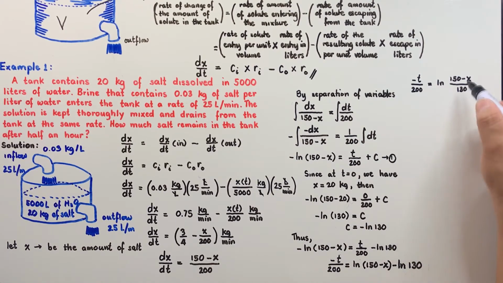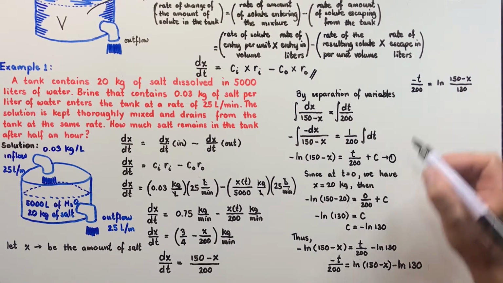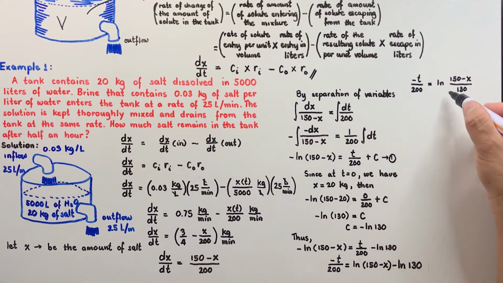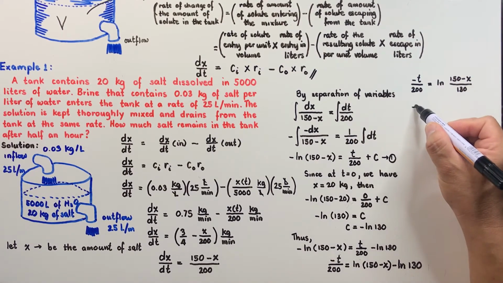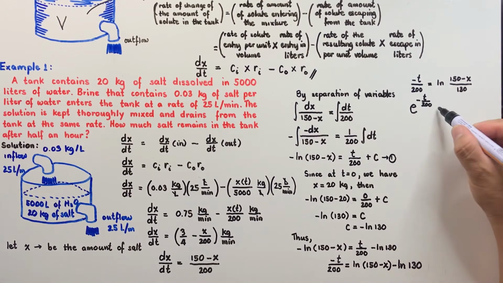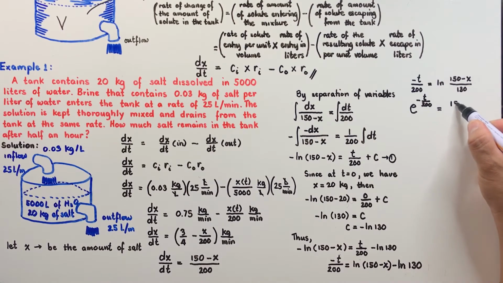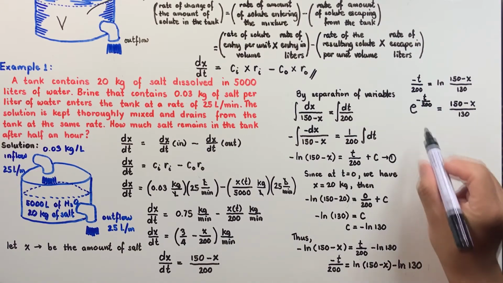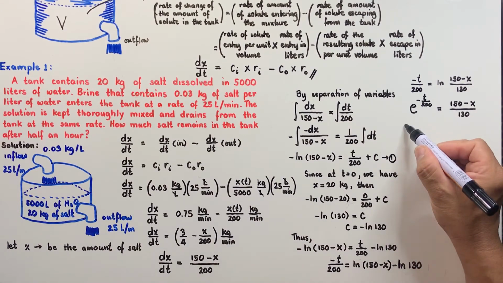Then, transforming this logarithmic equation to its equivalent exponential form, we use this one as the exponent to the natural base of e. So e to the power of negative t over 200 is equal to 150 minus x over 130. And you can multiply both sides of the equation by 130.